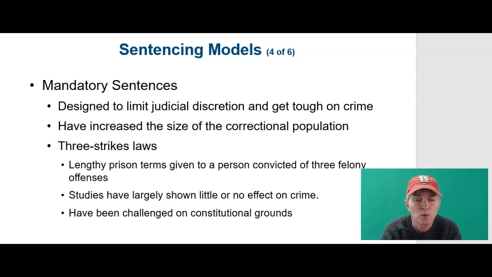And this was designed to impose longer sentences upon career or chronic violent offenders. This had a substantial public and political base. It was strongly supported. And it may be the reason for increases in prison population.